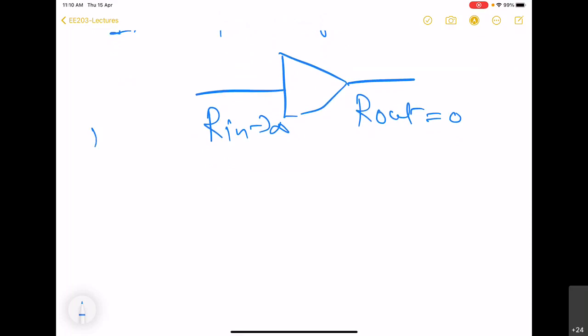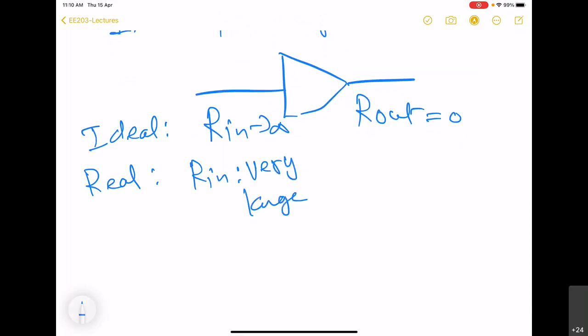So this is for the ideal scenario, but we are going to study the real case where R in is very large and R out is very small.